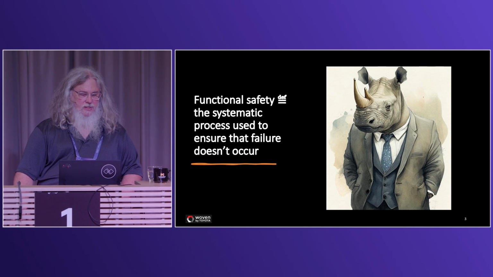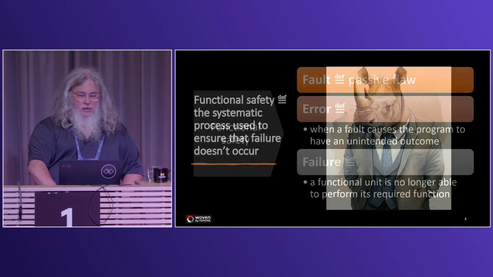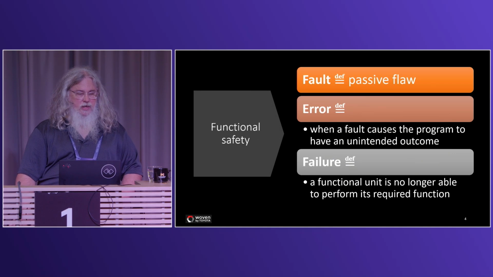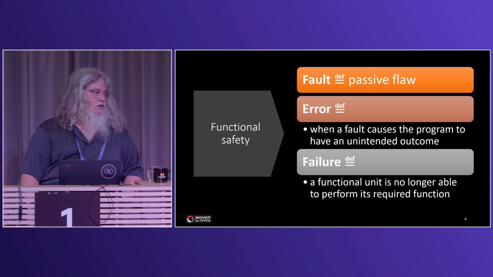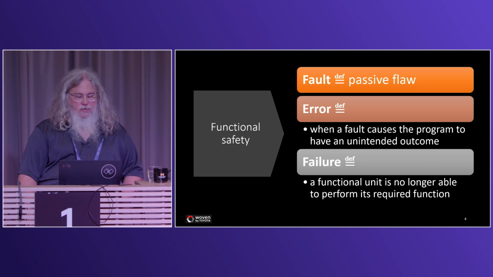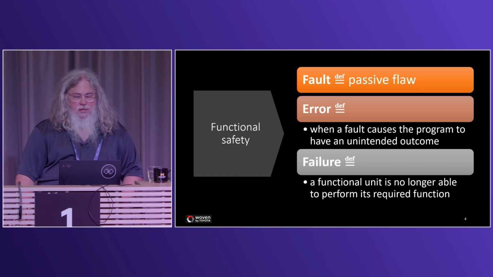So functional safety is the systematic process used to ensure that failures don't occur. So you can have faults in code, passive flaws, and maybe the fault is never executed, and that's the end of it. The fault could execute and cause an error to occur. And faults are not great things. Errors are not great things.